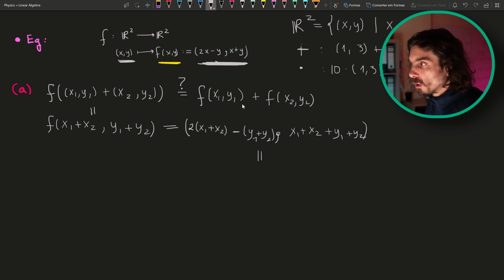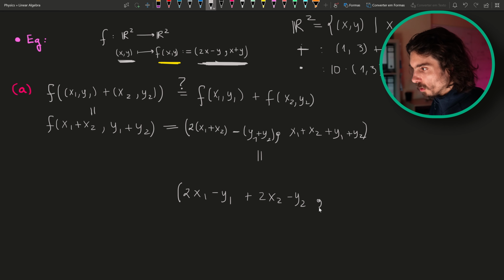Let's see it, because here it's separate, x1s and y1s, x2, y2. So let's try to split this thing as well. So we have 2x1 minus y1, fine, plus 2x2 minus y2. We just rearrange. It's the same thing: x1 plus y1 plus x2 plus y2.